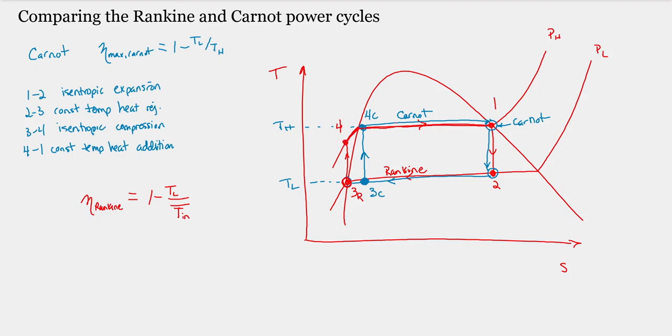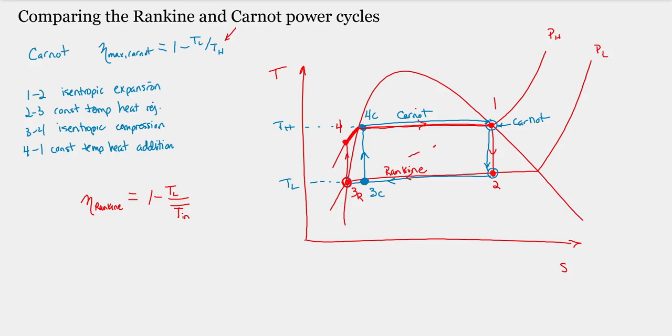So you can see the Carnot cycle's T in here, this T high, is going to be a higher value than the Rankine cycle's, right? The Rankine has this little piece right here, which is at a lower temperature than the Carnot cycle, so it has a slightly lower efficiency than the Carnot cycle.